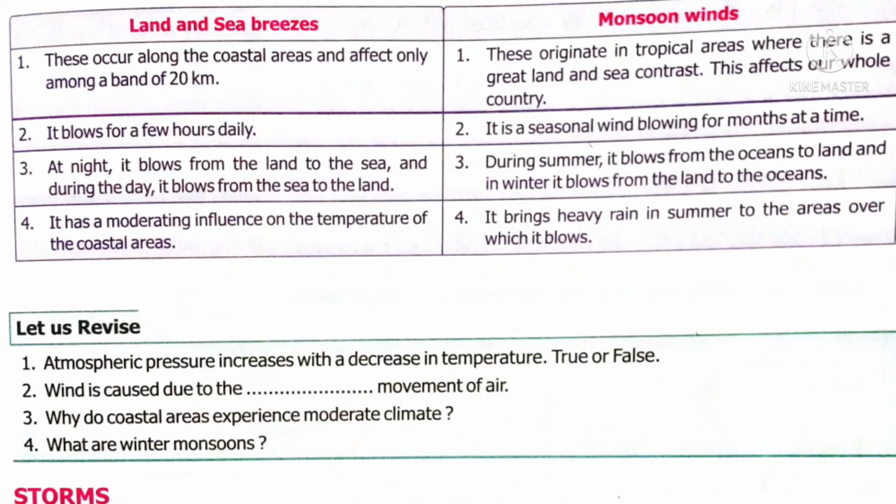But monsoon wind blows from ocean to land and land to ocean. Land breeze, land to sea, occurs at night. Sea breeze occurs during the day. In the same way, ocean to land wind blows during summer, and land to ocean monsoon wind blows during winter. Breezes have a moderating influence on the temperature of coastal areas, but monsoon wind brings heavy rain in summer.